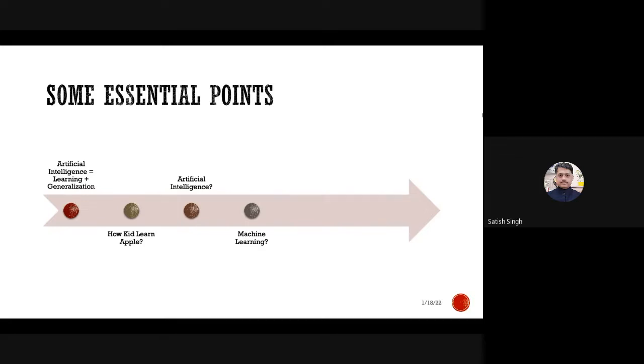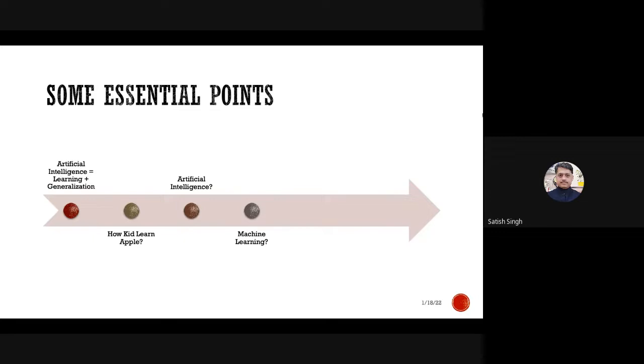Then what is the difference between artificial intelligence and machine learning? Machine learning is a part of, a subgroup, or you can say a subdomain of artificial intelligence. But where is the difference? In the case of artificial intelligence, everything was rule-based. But in the case of machine learning, the data was presented with the help of some features. Some useful features were extracted, and machines were basically taking the decision.